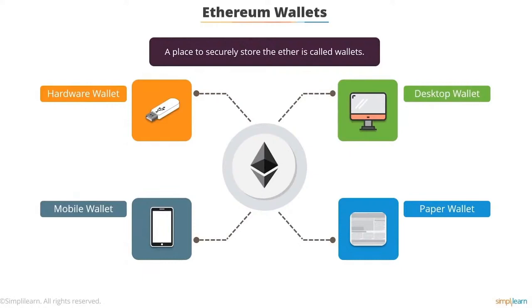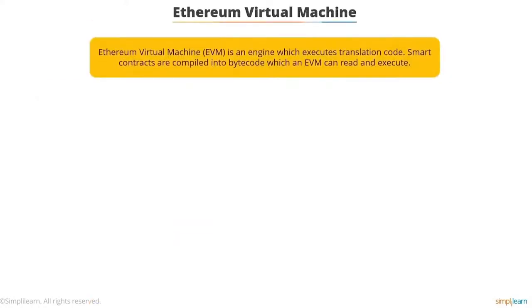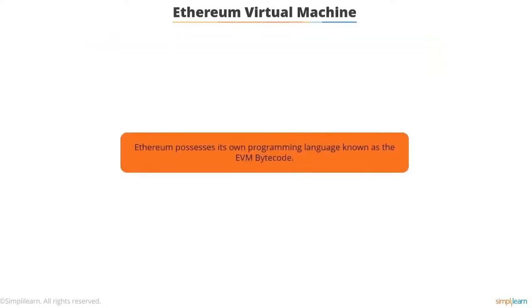the EVM now. Ethereum Virtual Machine, abbreviated as EVM, is an engine which executes translation code. Smart contracts are compiled into bytecode, which an EVM can read and execute. The Ethereum Virtual Machine can be regarded as a quasi-Turing complete machine.